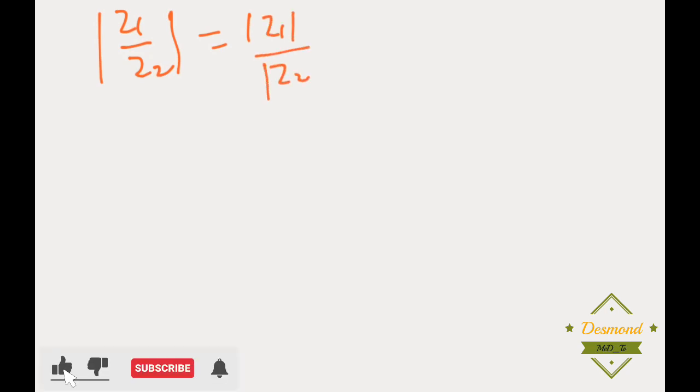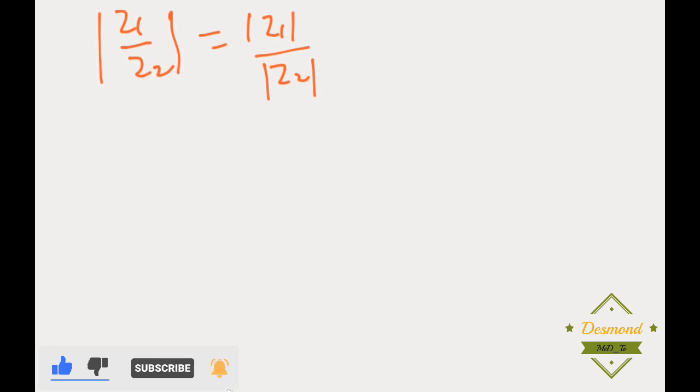Now let's take note of these properties. The conjugate of z1 over z2 is also equal to the conjugate of z1 over the conjugate of z2.